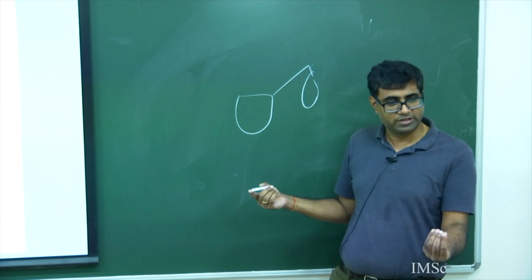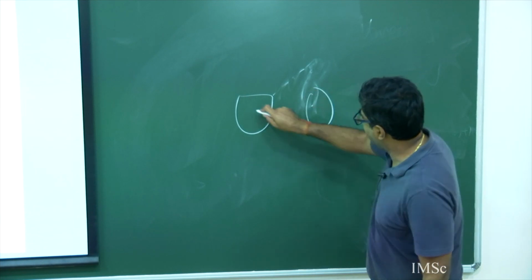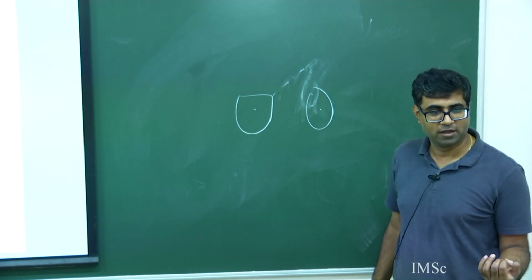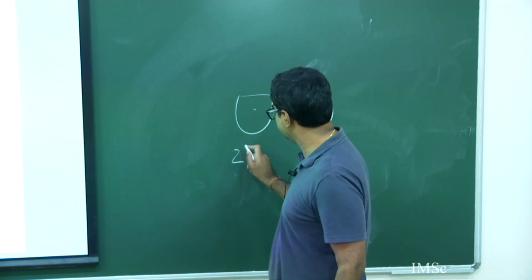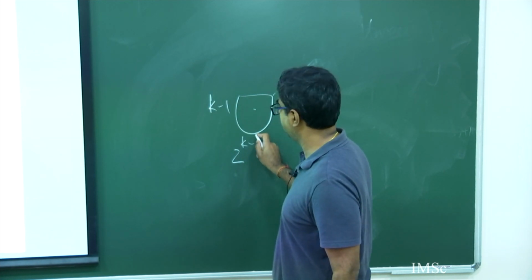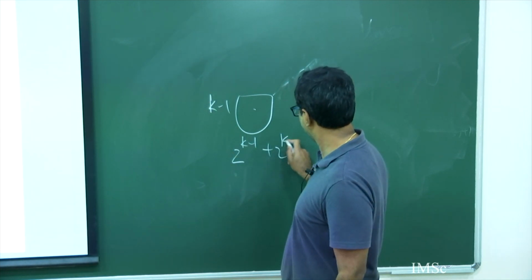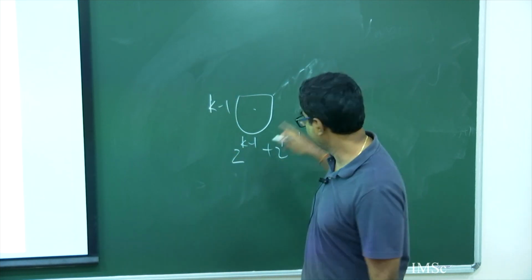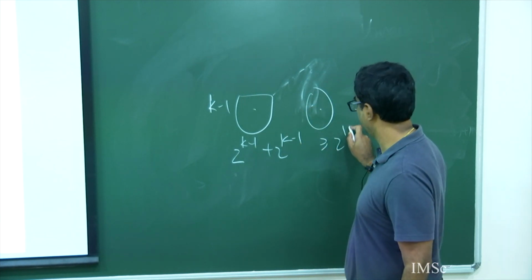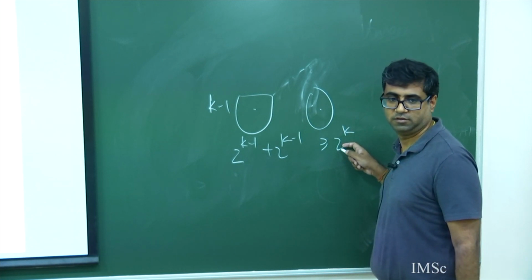So the only time things happen is when you added two things of the same rank. But by induction hypothesis, suppose this rank is K minus 1, so 2 to the power K minus 1 at least, plus 2 to the power K minus 1, which is greater than or equal to 2 to the power K, because 2 times 2 to the power K minus 1 is 2 to the power K.